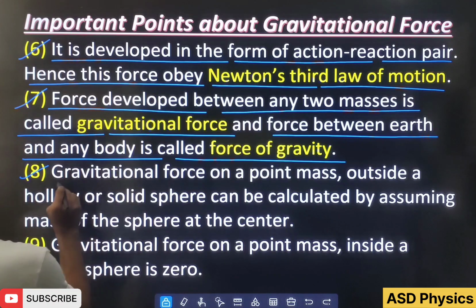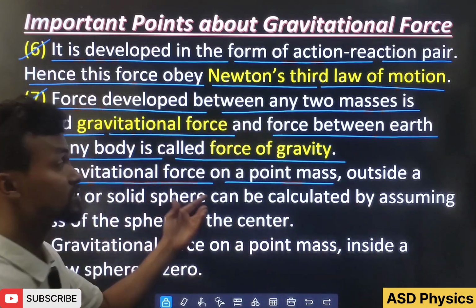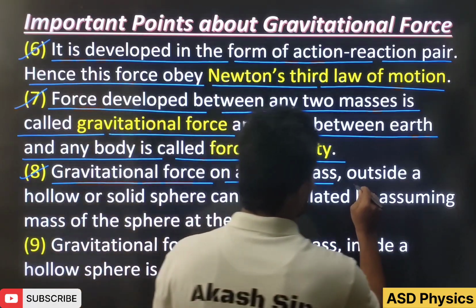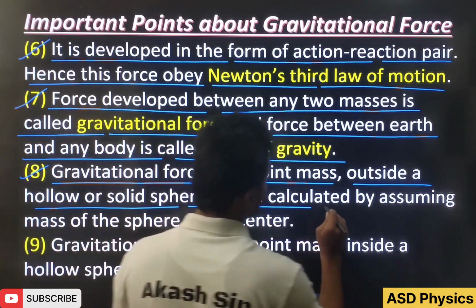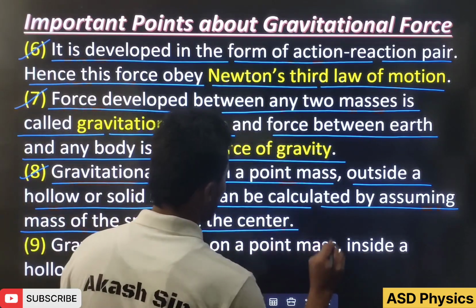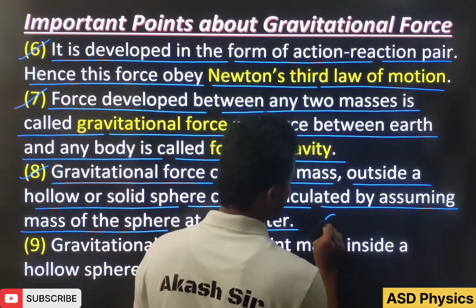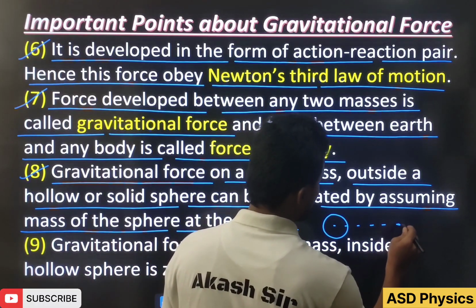Next, the eighth point: gravitational force on a point mass outside a hollow or solid sphere can be calculated by assuming the mass of the sphere at the center. I have told you this very well. One hollow sphere is there and here one mass is there.